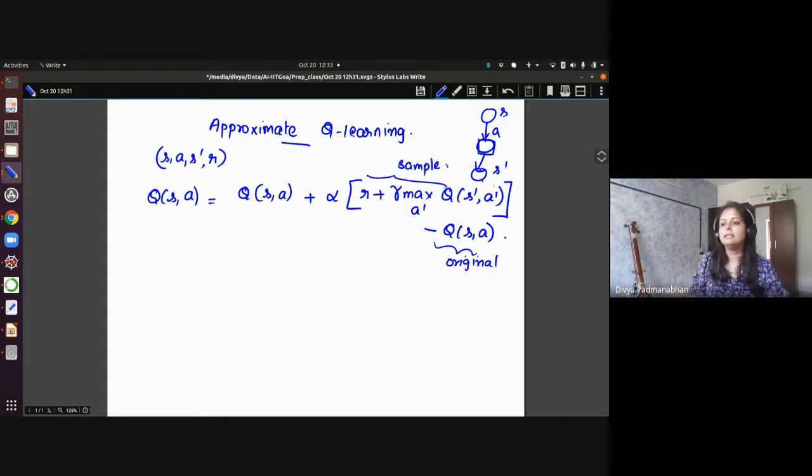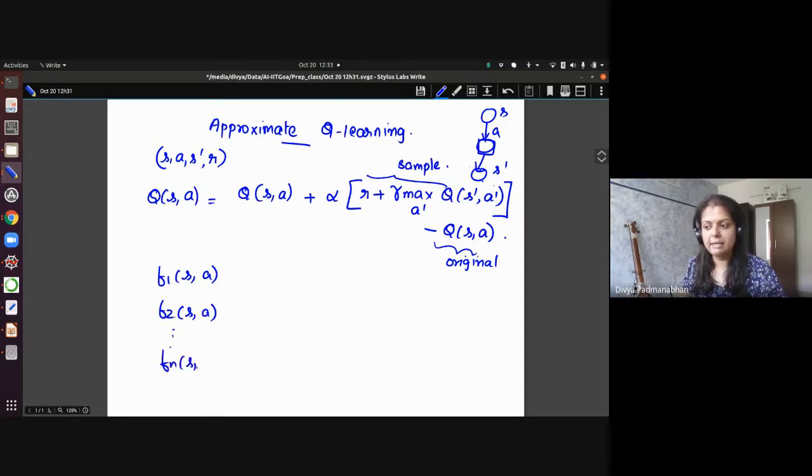So now the idea is, instead of making this depend explicitly on what you've seen before, can you have some structure to this Q function, because you're trying to generalize things. This is kind of like what you saw in min-max games, this notion of evaluation functions, right? So can we do something similar here? If you have some features, let's call them f1(S,A), f2(S,A), up to fn(S,A), so you have some n features.